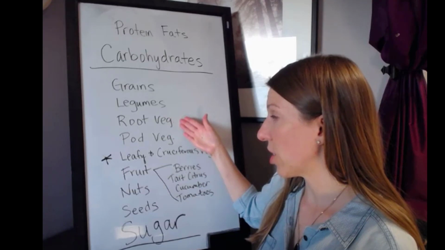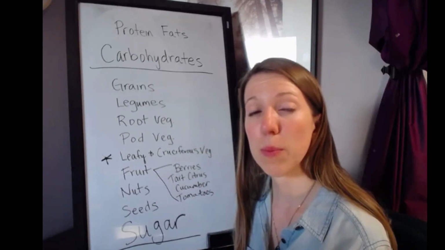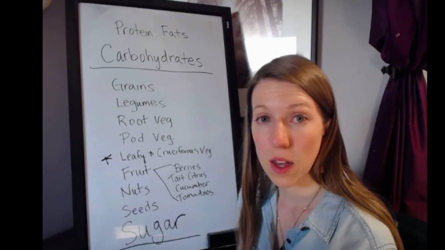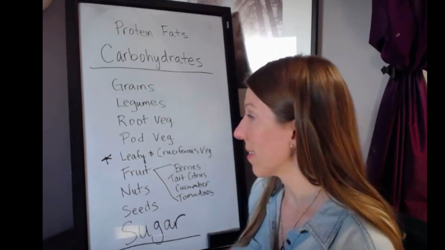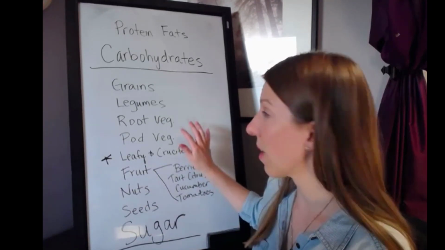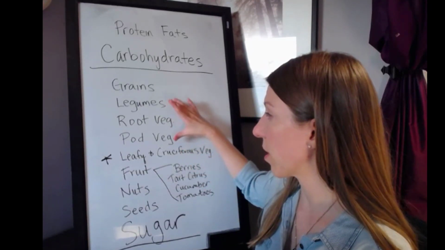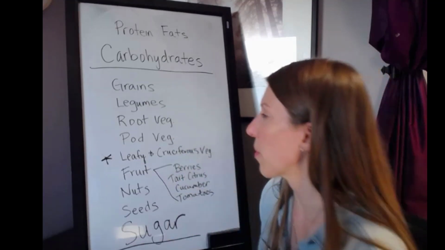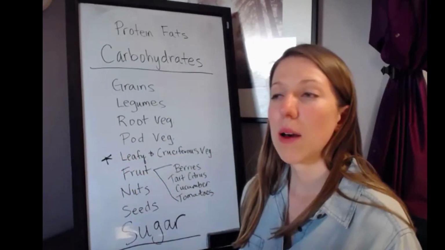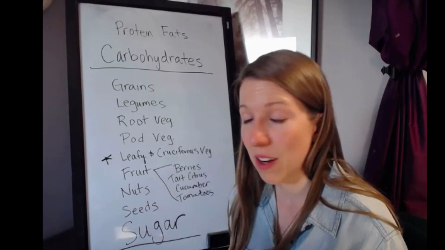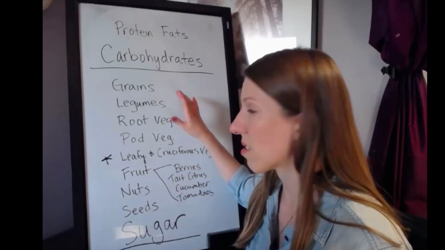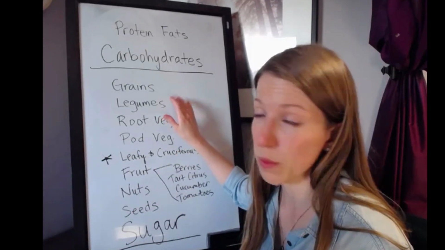We've got our root veggies, so this would be our potatoes, carrots, sweet potatoes, beets, etc. Our pod veggies. Now, our pods probably fall under the legumes, but I also want to kind of separate them out and include our peas and beans, our soybeans, which also fall under the legumes. Soybeans do.